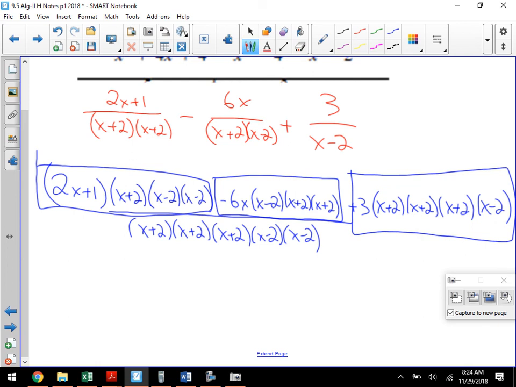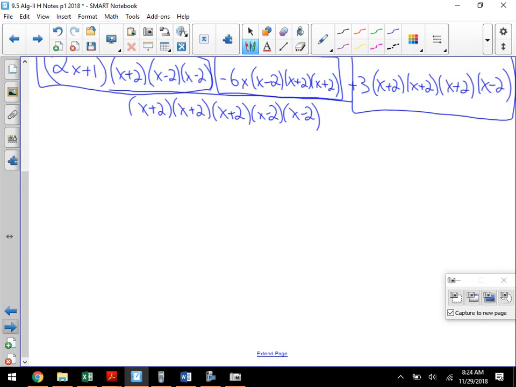Did you guys get 2x to the 4th plus 13x cubed plus 30x squared plus 28x plus 8? I'm just guessing the first one, that's right. See the next one. So negative 6x squared plus 12x.